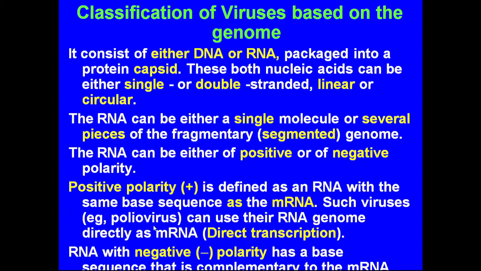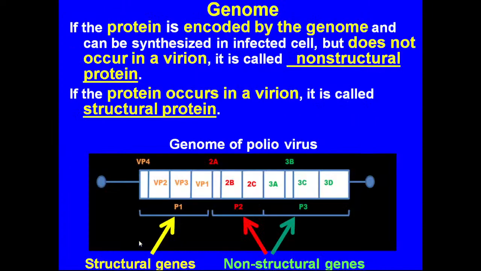And my dears, the cellular ribosomes will recognize the viral positive polarity genome as mRNA. So in these viruses, the translation may start immediately as soon as the viral genome in the form of mRNA binds with the ribosomes, and that is direct translation, I would say.